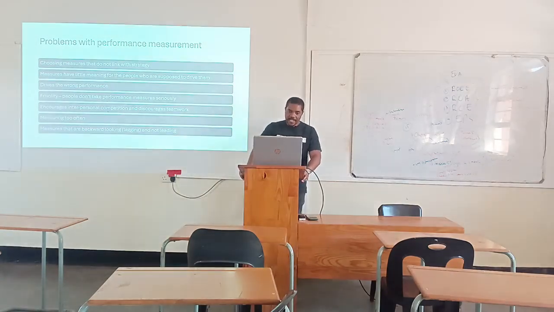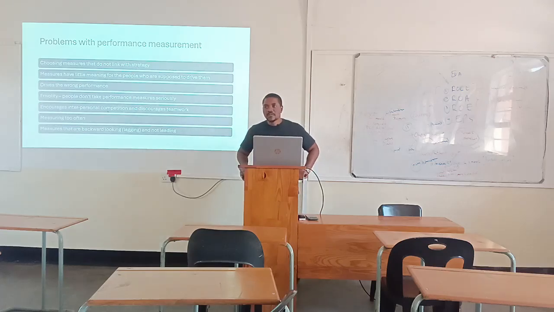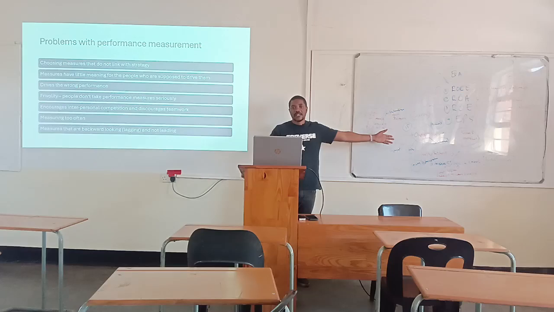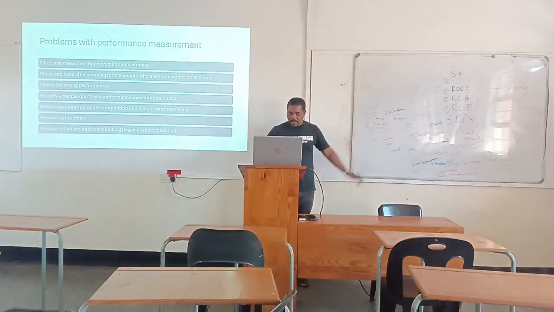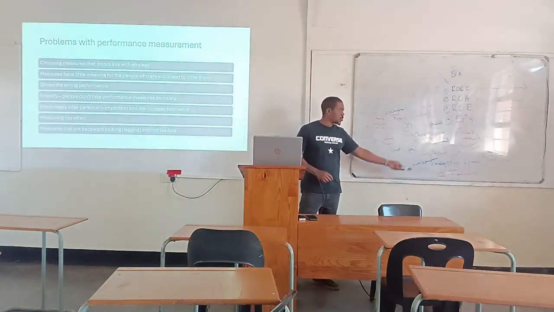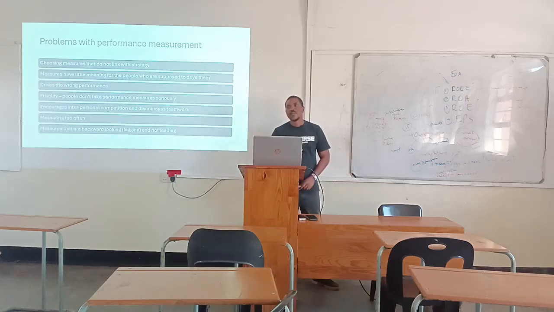Okay, so the first one is choosing measures that do not link with strategy. So let's say this is our strategy. This is typical. We want to measure performance, but we are concentrating on ICT. What does ICT have to do with sales of GPP?